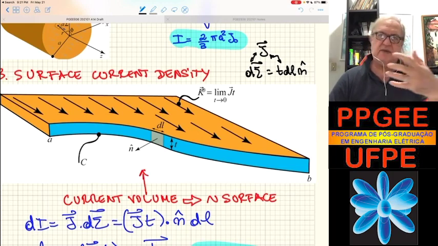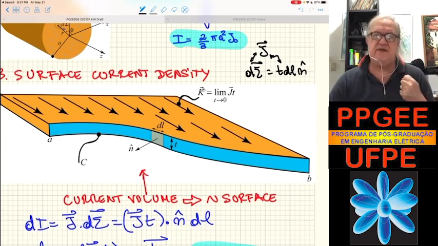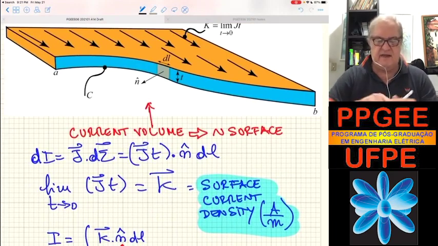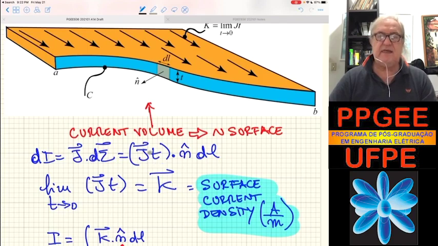You just absorb that T into the definition of the current density. Then the current that flows across the blue cross section is going to be J dot d sigma. JT in the limit as T goes to 0, you define as a surface current density in amperes per meter.